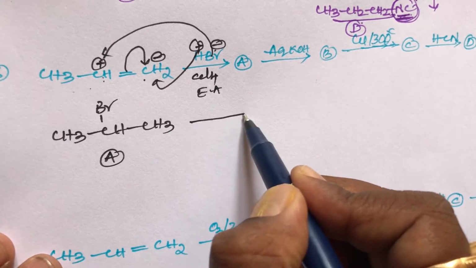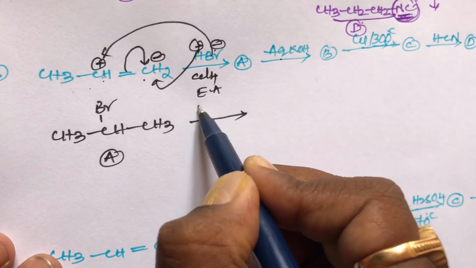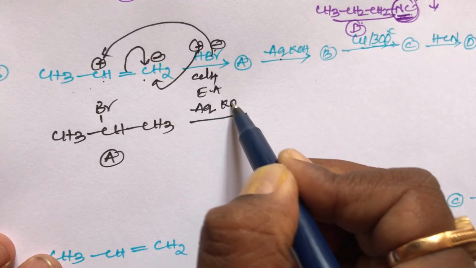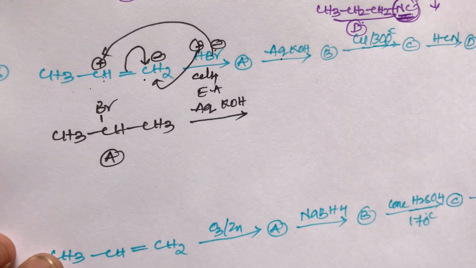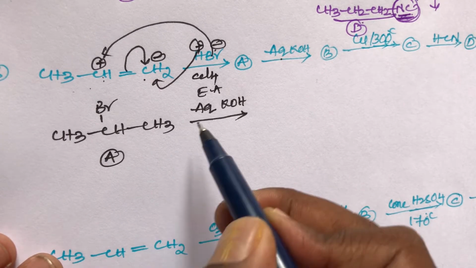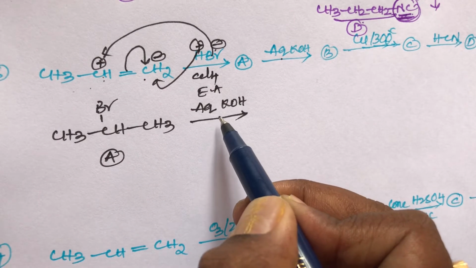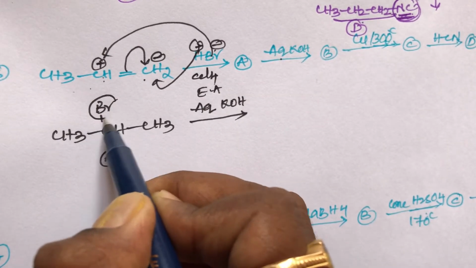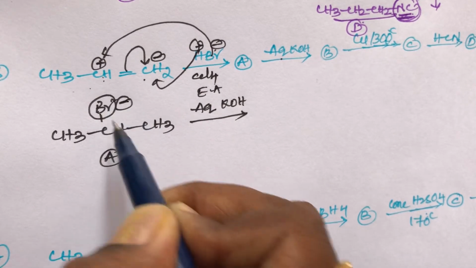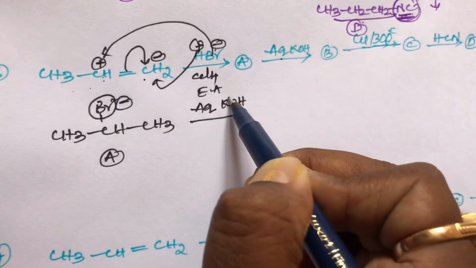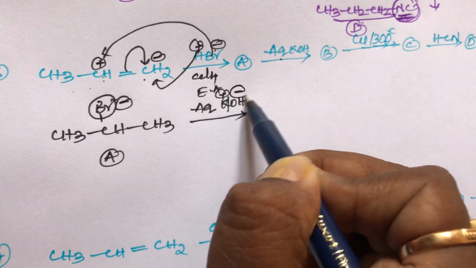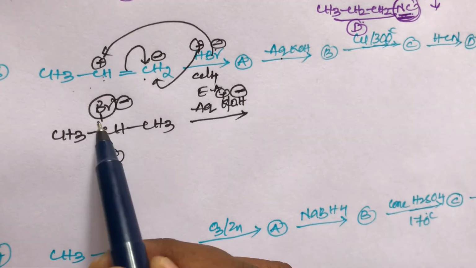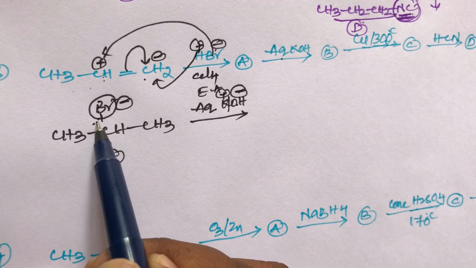When compound A reacts with, what is the next step, students, aqueous KOH. What is the role of aqueous KOH? It belongs to substitution reaction, nucleophilic substitution. Here Br minus is a nucleophile, and in this reaction K plus and OH minus, OH is also a nucleophile.